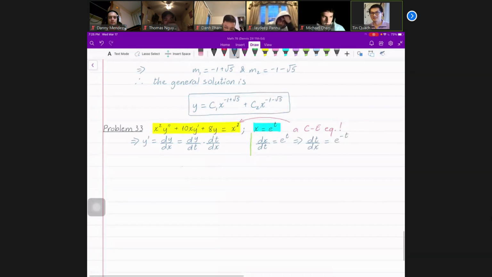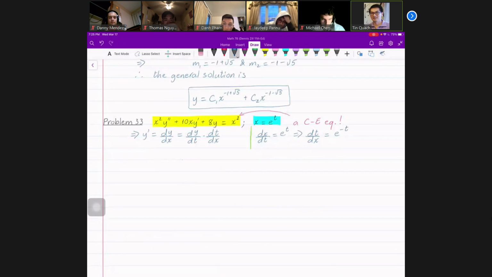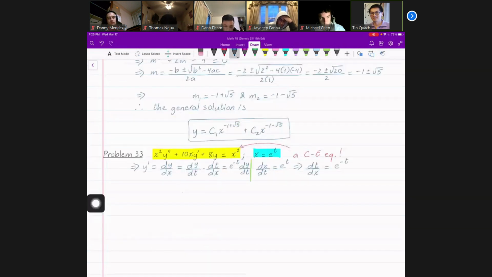So with that said, then I can say dt dx is e to the negative t, and then multiply by dy dt. That's what I have for y prime. So if I see y prime, I can replace y prime with this. But now what about y double prime?